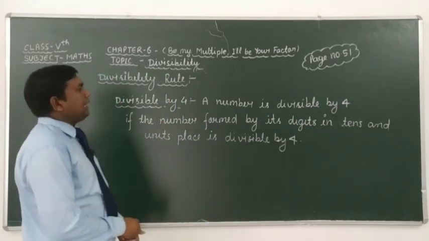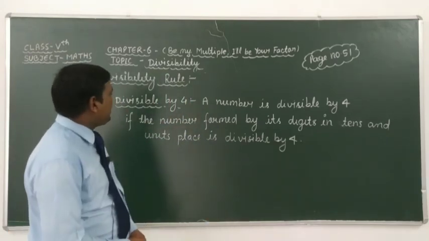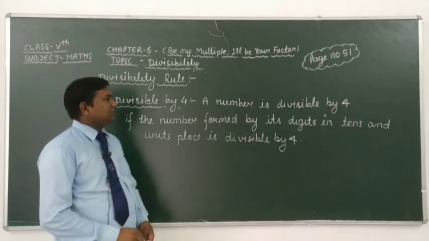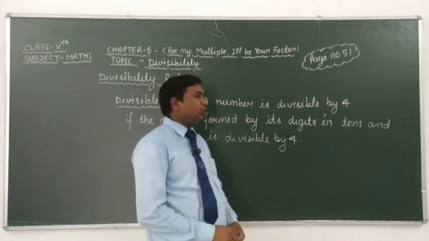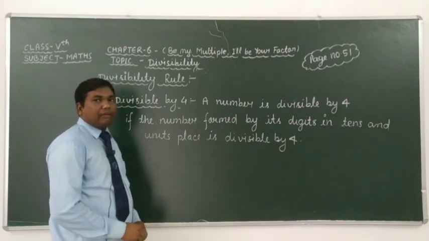Divisibility by 4. A number is divisible by 4 if the number formed by its digits in tens and units place is divisible by 4.